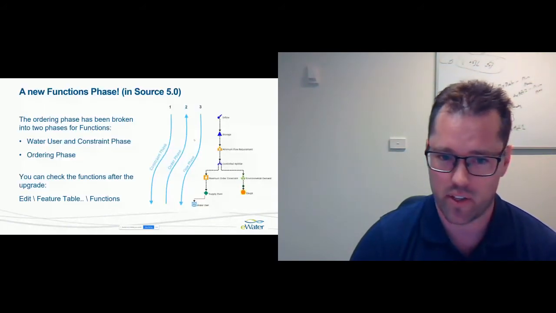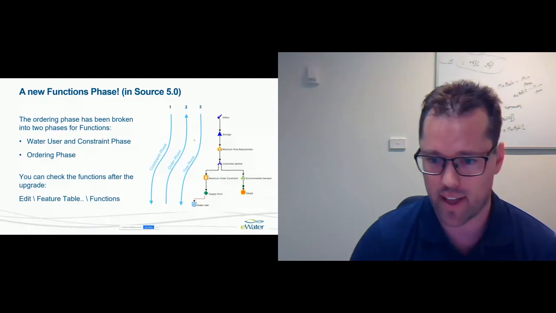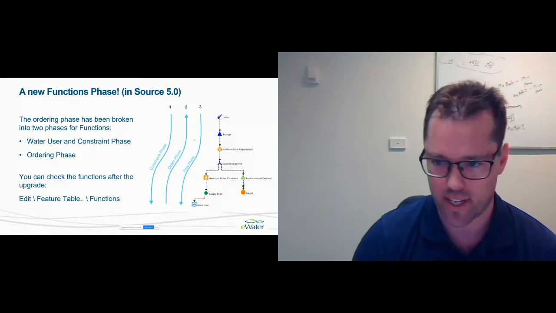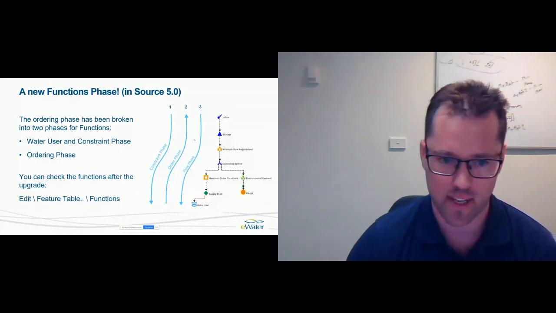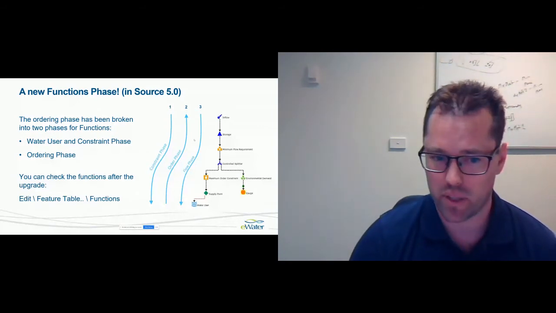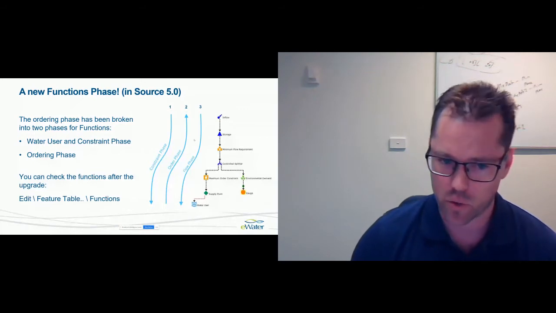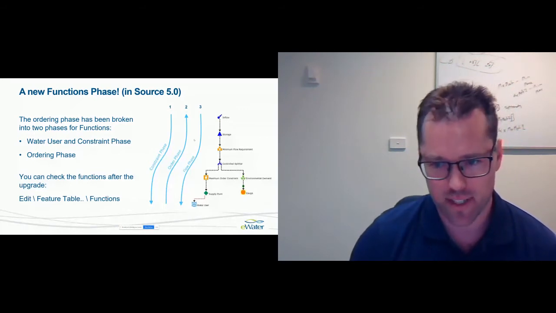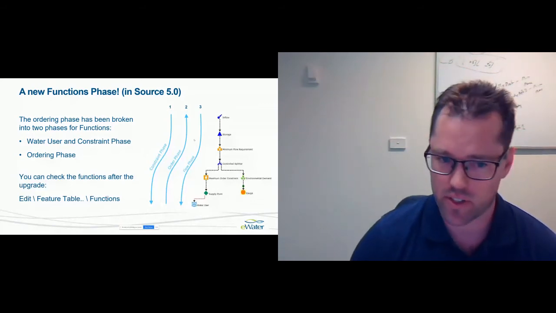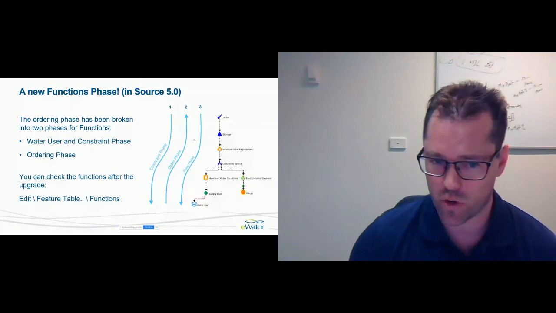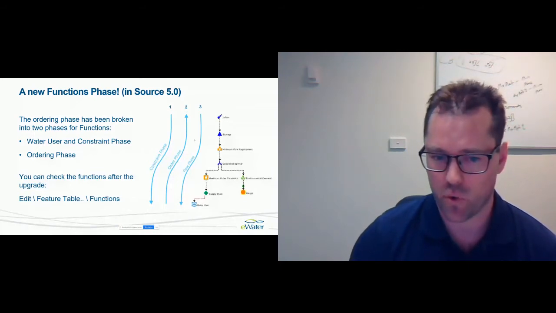So the ordering phase. Within Source, we have a constraints phase that goes down the network, an ordering phase that goes up the network, and then the flow phase that also comes down the network. Previously, functions only had access to something called the ordering phase, which was actually a combination of the constraint phase and the ordering phase. So we've just split this out, so you have a water user and constraints before the ordering phase.